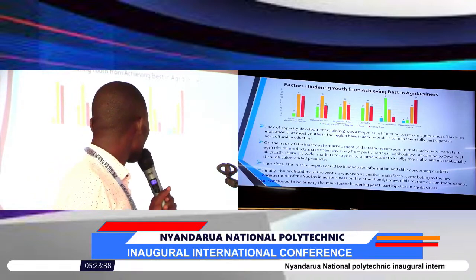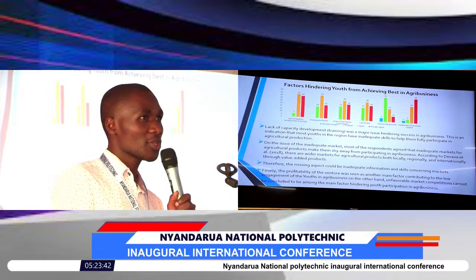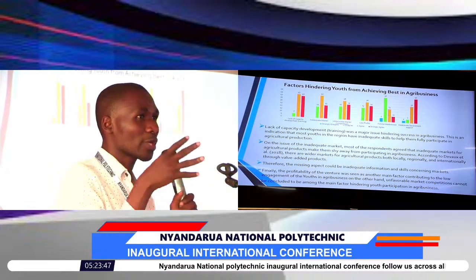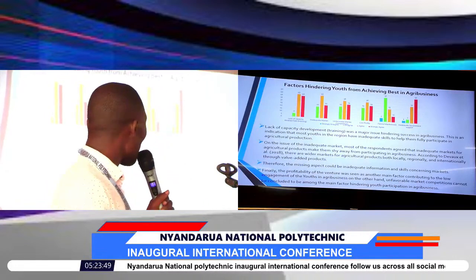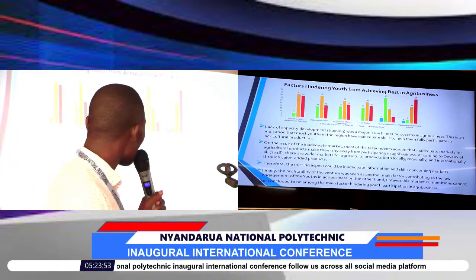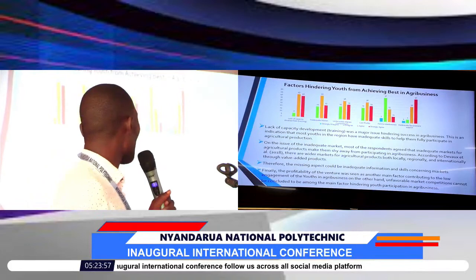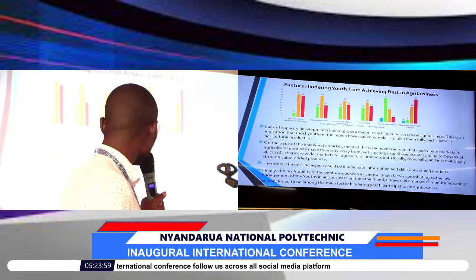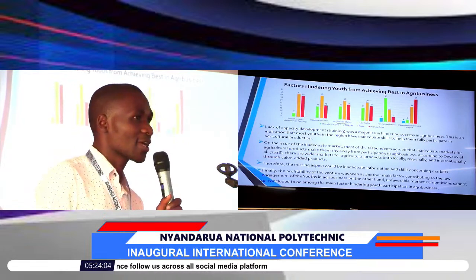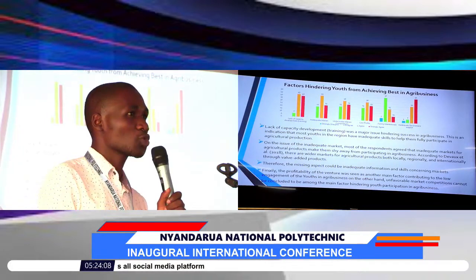Now, on factors hindering youth from achieving the best in agribusiness, we know that any business should at least make you create wealth. So the researcher wanted to know factors that hinder youth from achieving the best in agribusiness, and it was discovered that lack of capacity development, that can be training, is a major issue that contributes to failure.